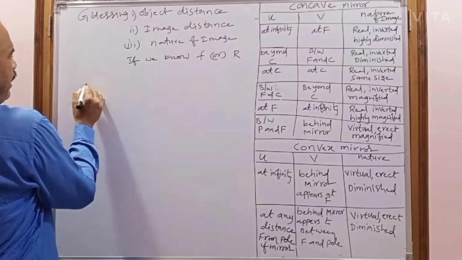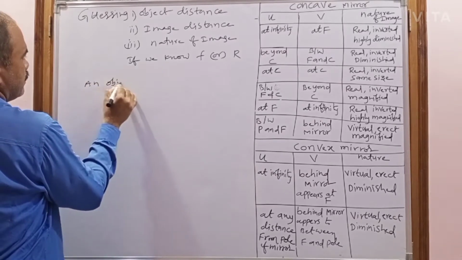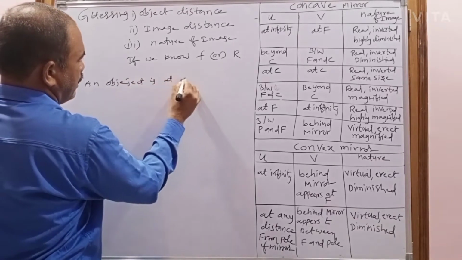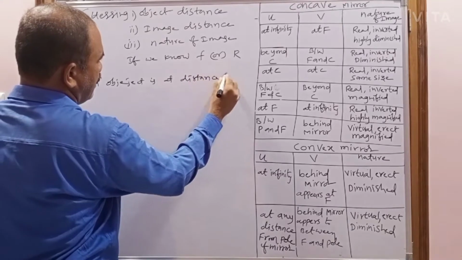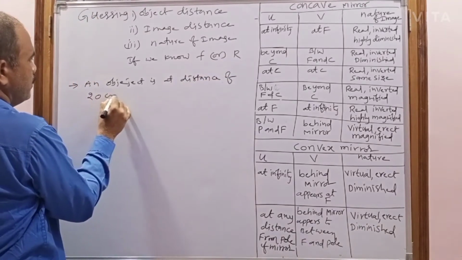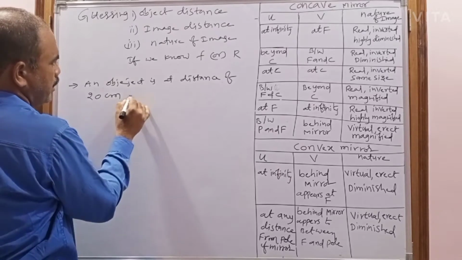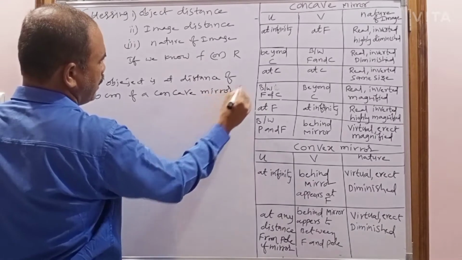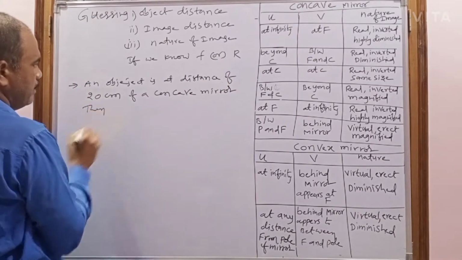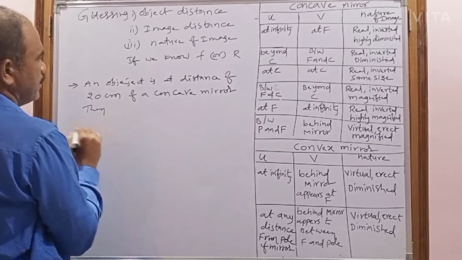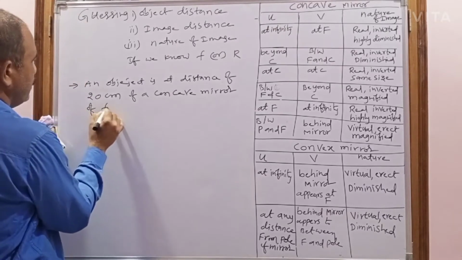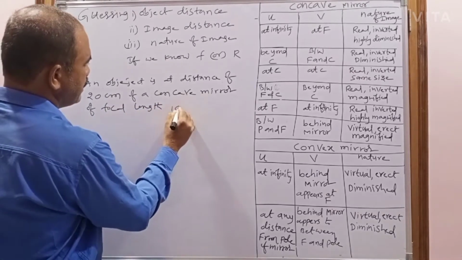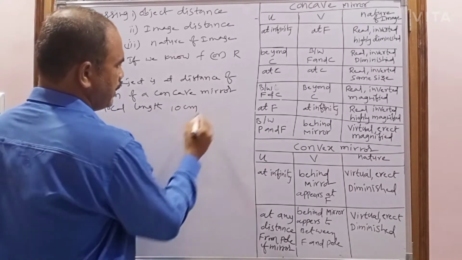An object is at a distance of 20 centimeter of a concave mirror, concave mirror of focal length 10 centimeter.